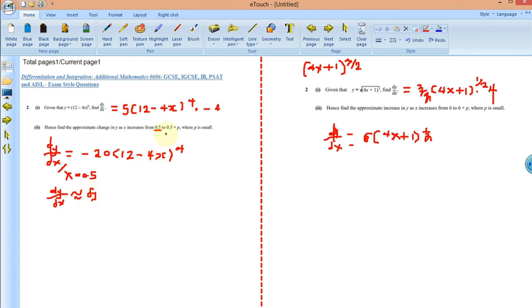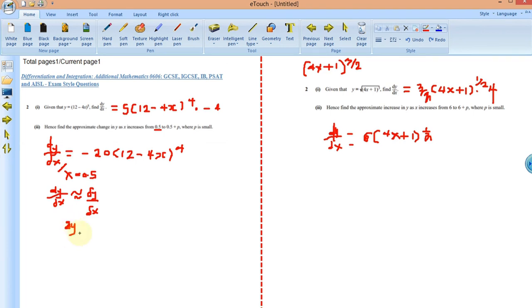I see that the change in x here is p, a small change. Such that my change in y, the small increment in y, will be equal to the value of this when x equals 0.5 in this equation. Let me just go ahead and use the calculator to complete this one now.